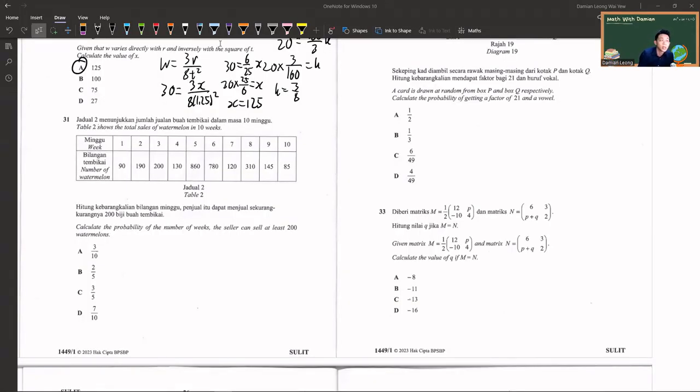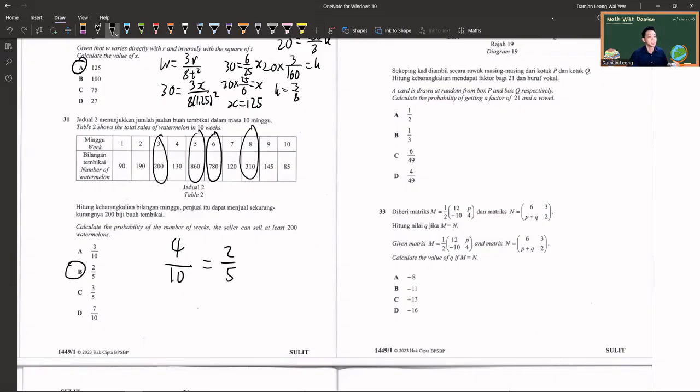So we look at which week we sell at least 200 watermelon. Minggu 3, minggu 5, minggu 6, minggu 8. So basically it will be 4 weeks out of 10 weeks. So 4 over 10 means 2 over 5. Okay, answer B.